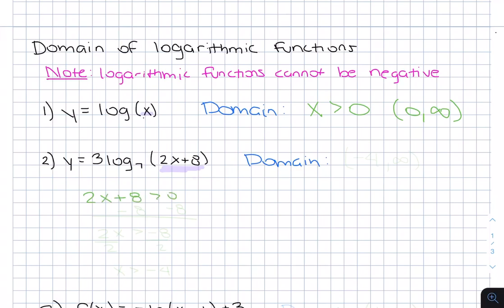We can subtract 8 from both sides, and then we're left with 2x is greater than negative 8. If we divide both sides by 2, we have that x is greater than negative 4. So our domain is any value x that is greater than negative 4. In interval notation, this is negative 4 to infinity.